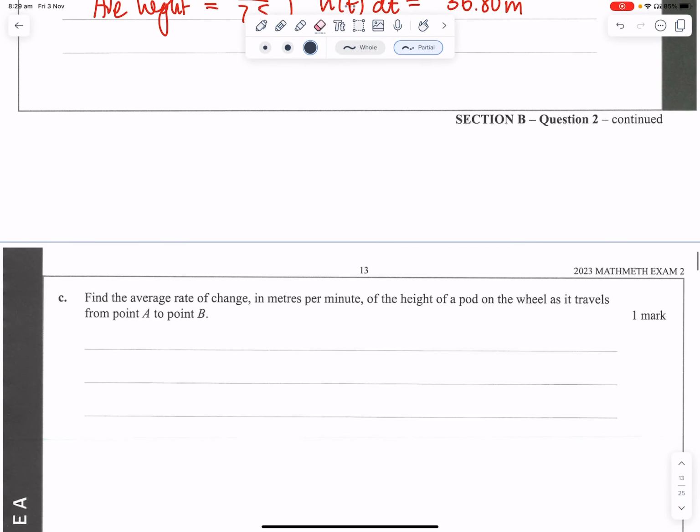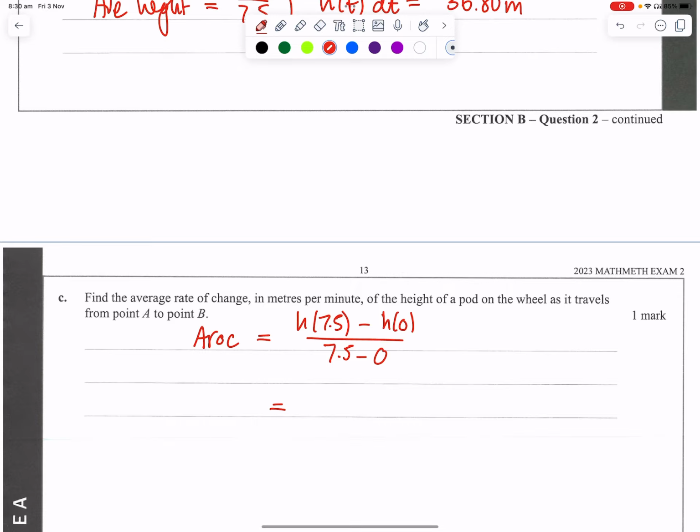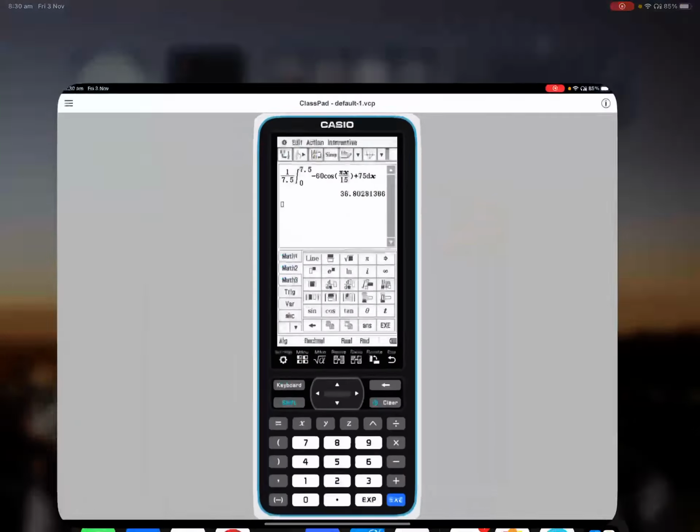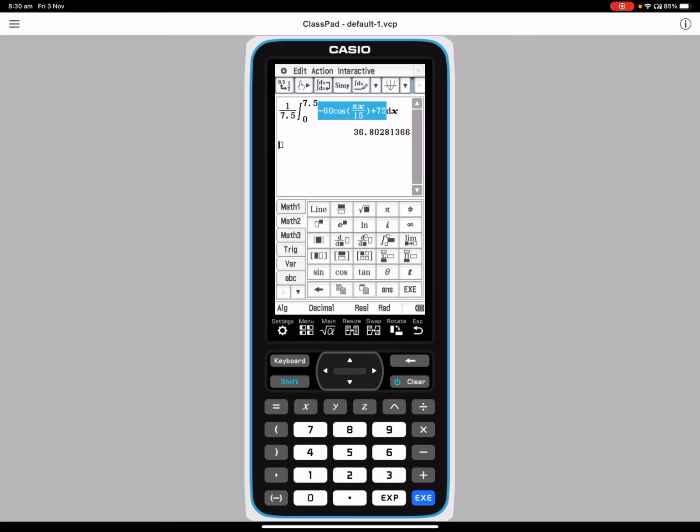Find the average rate of change in meters under the height when it travels from the point A to the point B. So the average rate of change is h of 7.5 minus h of 0 over 7.5 minus 0. It's only one mark, so I shouldn't have done that. Okay, let's define that as f of x, all of it. And then we can say f of 7.5 minus f of 0 over 7.5 minus 0, 8.